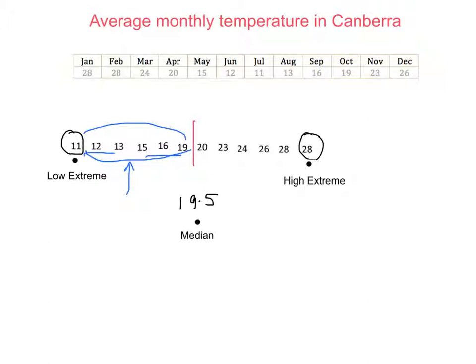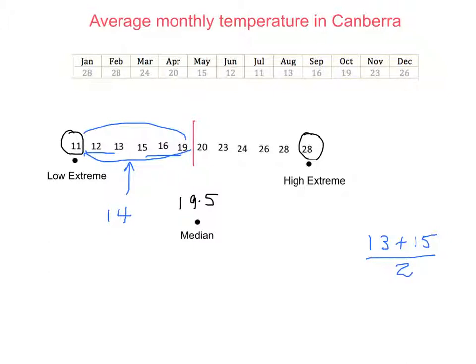So the middle of our 6 is going to be the average of 13 and 15. So the average of 13 and 15 is in fact 14. But if it was more difficult, we would have to do 13 plus 15 and divide that answer by 2 to get our 14.